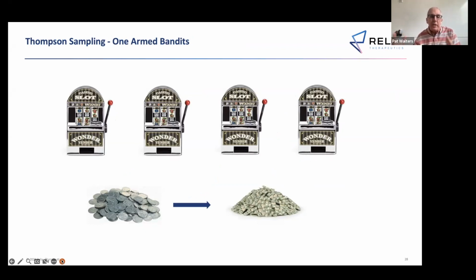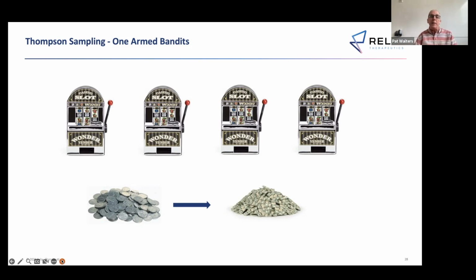A lot of statistics that we use now is really founded in a lot of earlier work that was done looking at ways to improve your odds when you're gambling. So we're going to use a technique called Thompson sampling that is an implementation of what's called the multi-arm bandit problem.